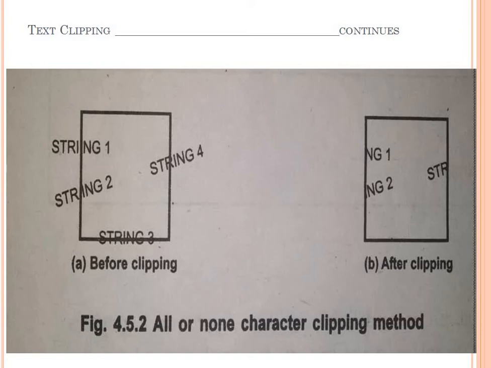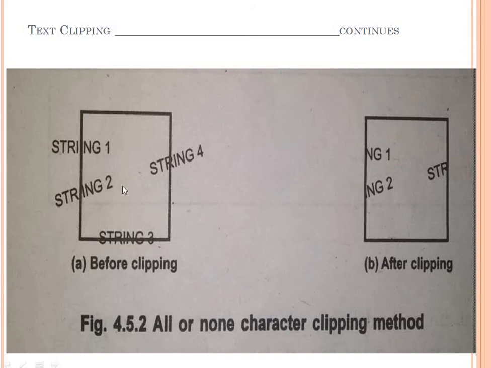So here is the image of the all or none character clipping method. This is before clipping and this is after clipping. Here are string 1, string 2, string 3 and string 4. Here we check the characters, not the whole string.